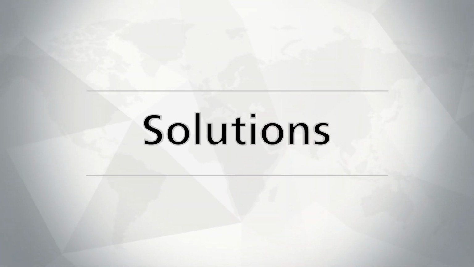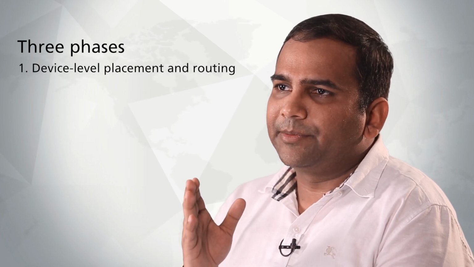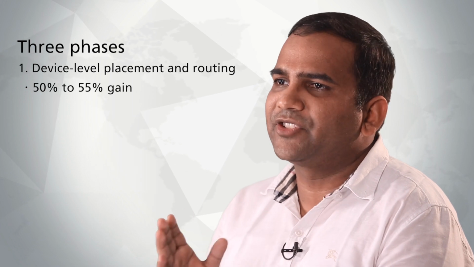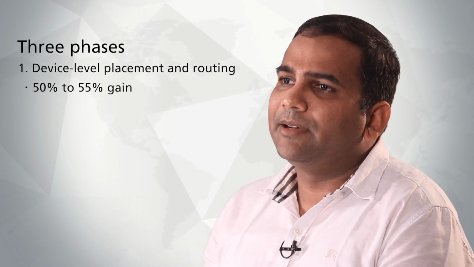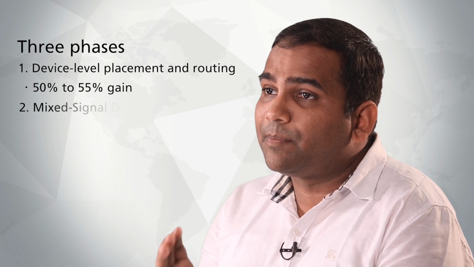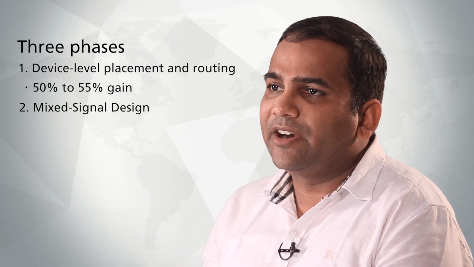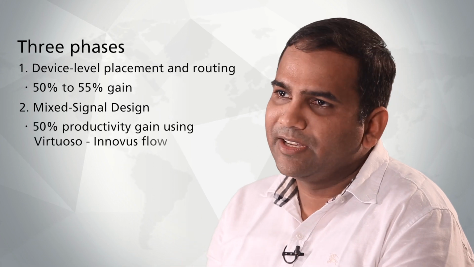So the overall gain that we are able to achieve in a typical mixed signal IP can be divided into three phases. The first phase is the device level placement and routing, where we are able to achieve something like a 50 to 55% gain for a typical mixed signal IP. The second one is the digital part of the mixed signal IP, where we are able to leverage the VDI flow and gain something like 50% there.